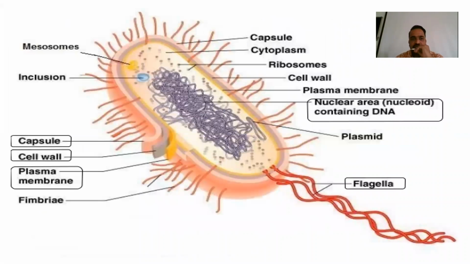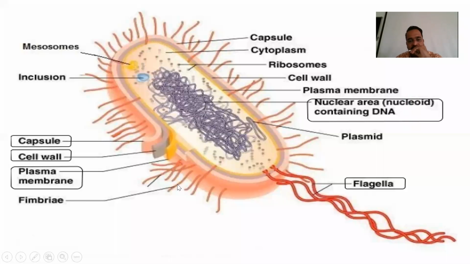So this is the structure of the bacteria. You can have a look at how the bacterial structure looks under the microscope, and what all things you can observe. The cell of the bacteria looks like this. There is a capsule, cytoplasm, ribosomes, cell wall, plasma membrane, DNA and a nuclear area, then there is plasmid, and flagella, which is the tail.